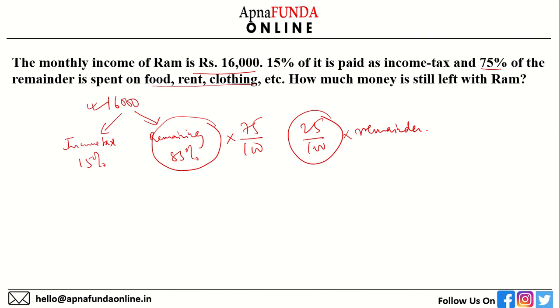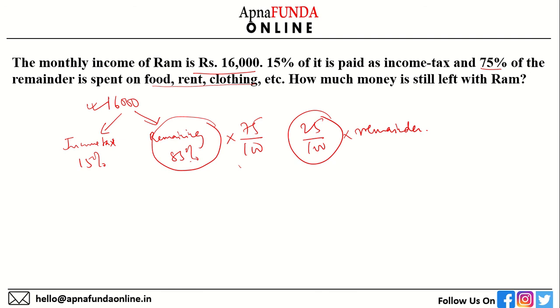So he is left with 85% of the income. Of the 85% of the income, he is spending 75% on food, rent, clothing. So how much is left with him? So if 75% he's spending, 25% is left with him.